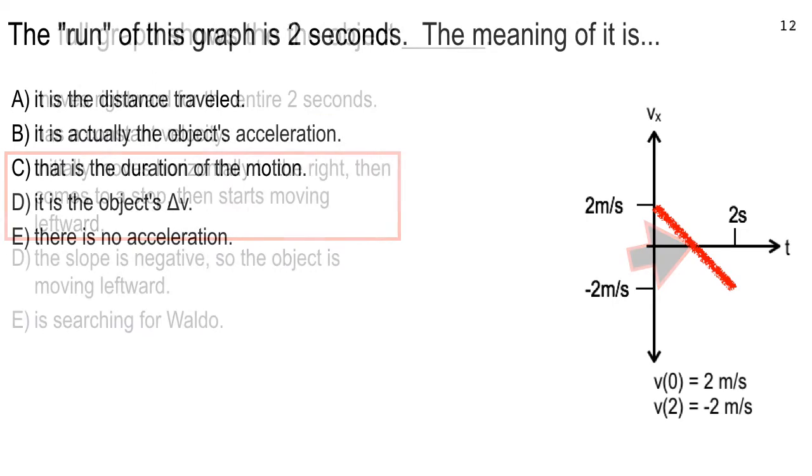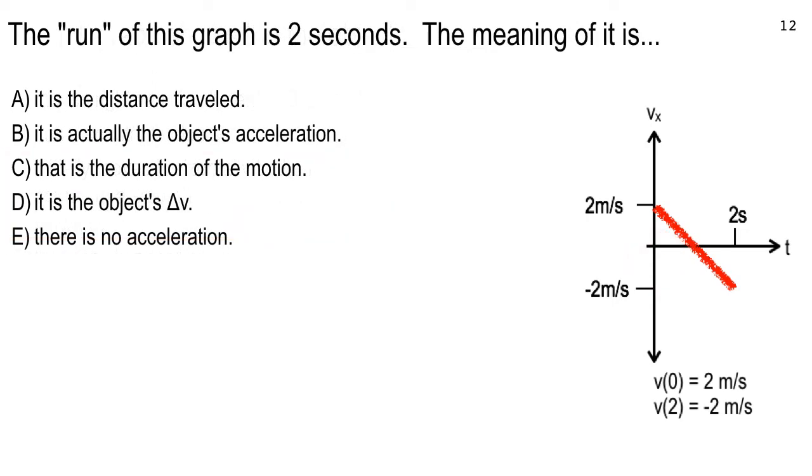And let's take another question here. Question 5. The run of this graph is 2 seconds. The meaning of this is, you know, so in terms of rise over run, do you remember that from high school algebra class?